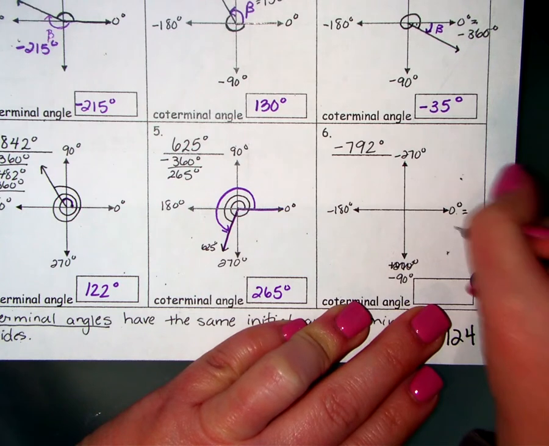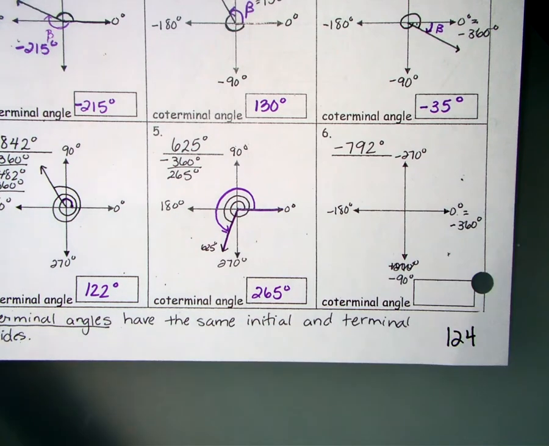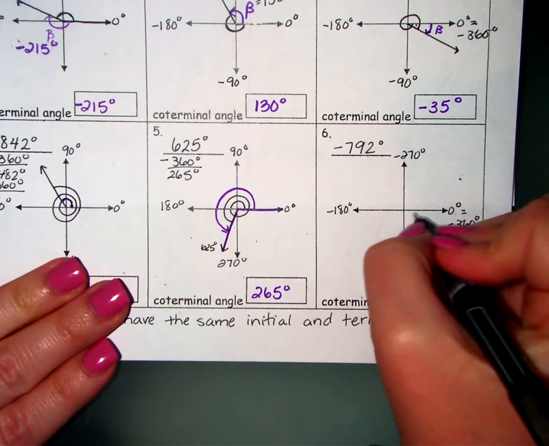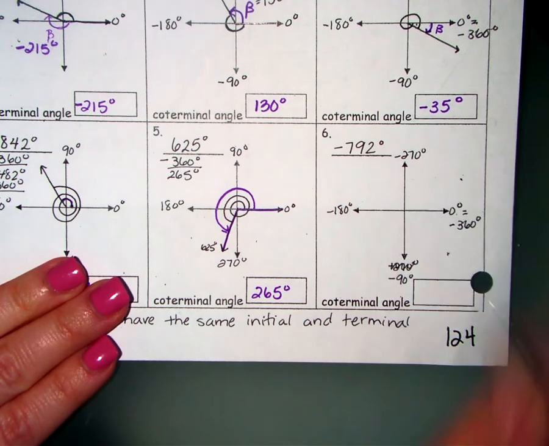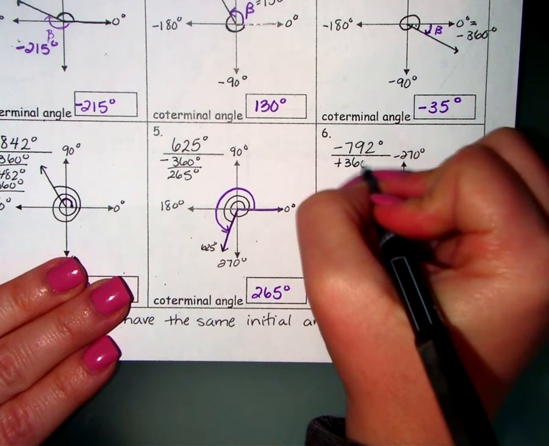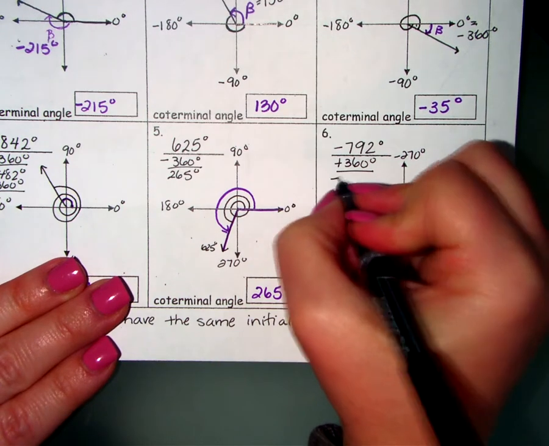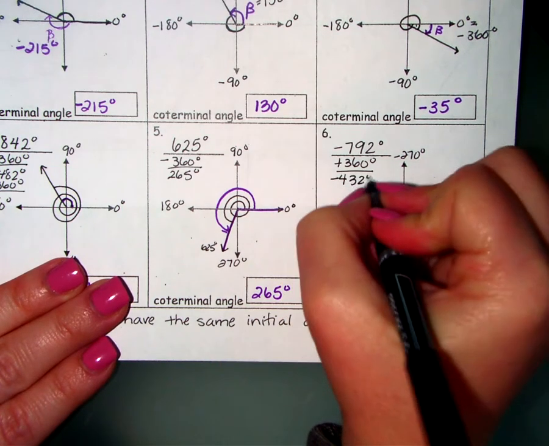So again, this is going to be negative 360. That means I've gone around and around more rotations, but in the negative direction. So to unwind, now I need to add 360. So take that negative 792 and add 360. And I get negative 432 degrees.